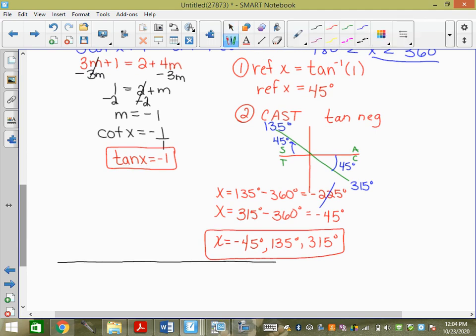Let me get you to try this one. Root 3 secant theta plus 2 equals 0, from -pi to pi.